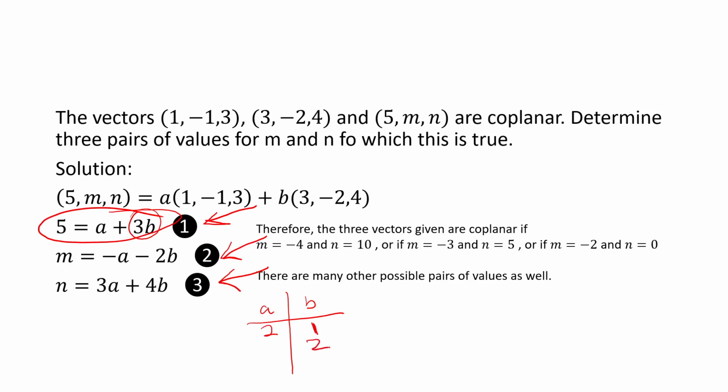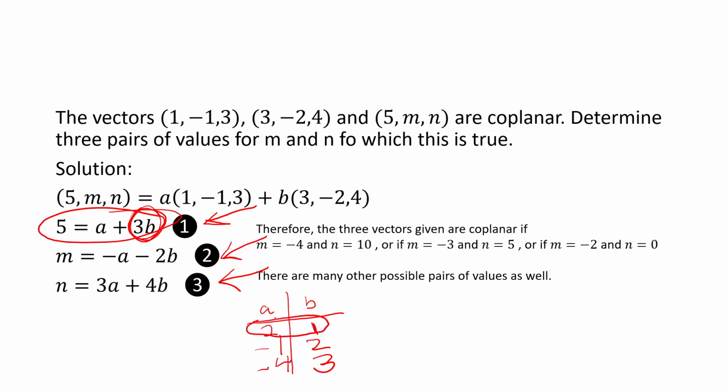If I let b equal 2, then 5 will equal a plus 3 times 2, which means a has to be negative 1. And if I let b equal 3, then 5 will equal a plus 3 times 3, which will ultimately mean a is negative 4.